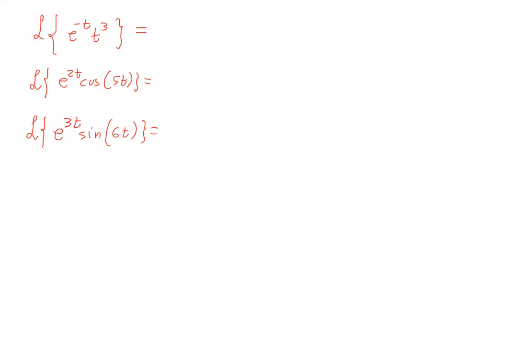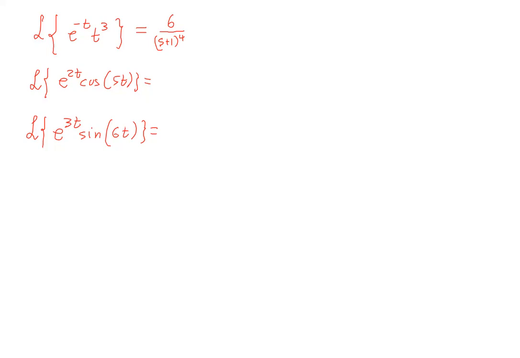Okay, let's see them together. The first one is going to be 3 factorial, which is 6, over s plus 1 to the 4th. Why s plus 1? Can anybody explain to us why s plus 1? Exactly, because it's minus negative 1. Excellent.